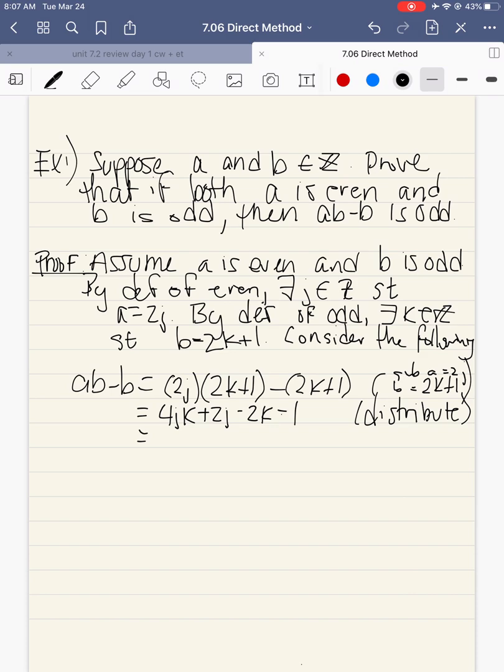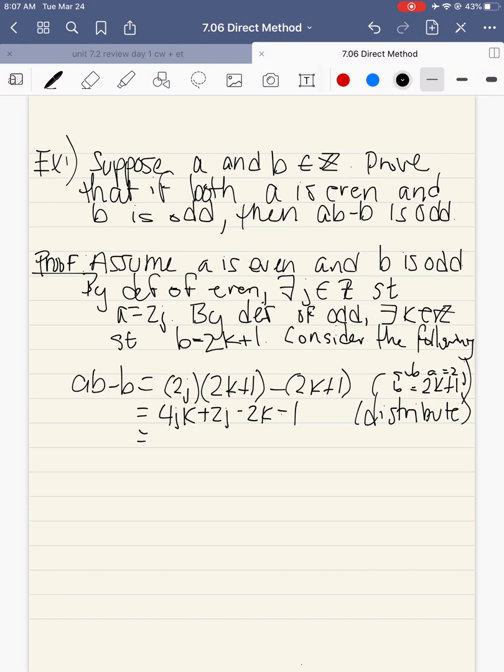And now, again, this step might not be intuitive, but we need to think of what our end goal is in mind. So our end goal is to show that AB minus B is odd, and we need to match the definition of odd in some way. So we need to be left with 2M plus 1.